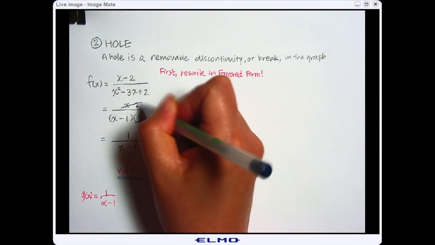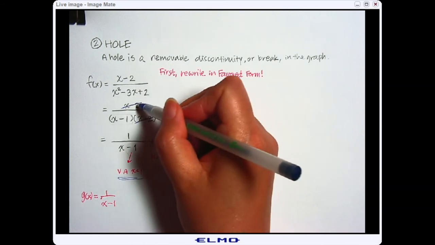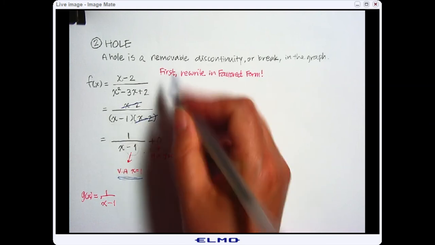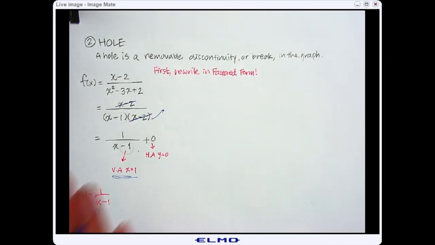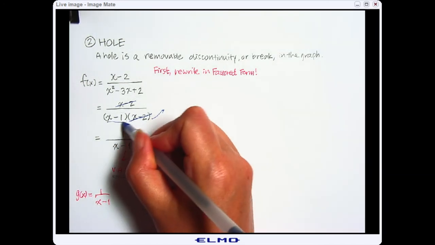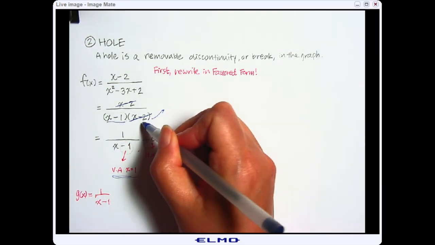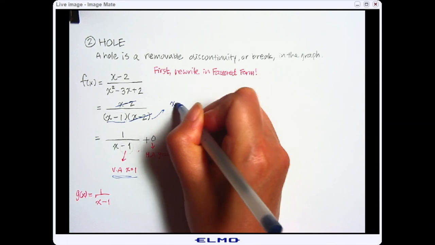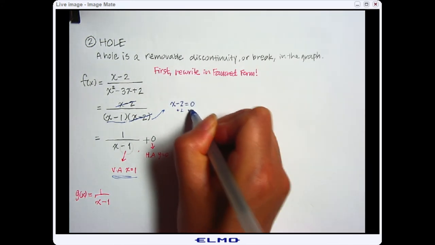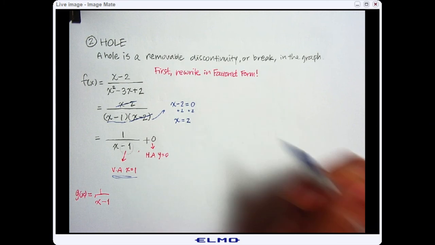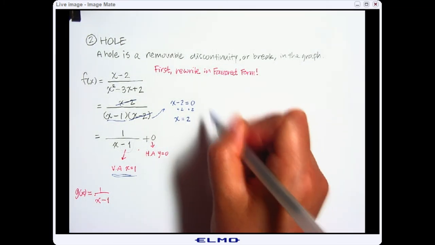Then if there are any factors that are canceled by anything from the top, still it will give you some idea for the hole. So now this factor was involved with the vertical asymptote. Then this canceled factor will be rewritten separately and set equal to 0 and then solved as usual, and then x equals 2. Then this will make the hole on the graph.